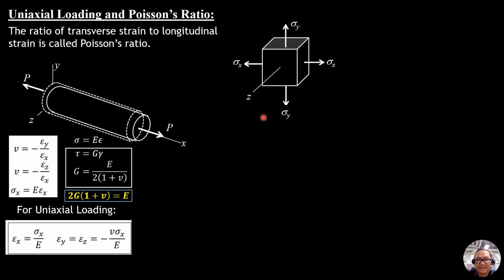So for biaxial loading, strain along x is sigma x over E, positive because this is in tension, but along y and along z that would be negative.